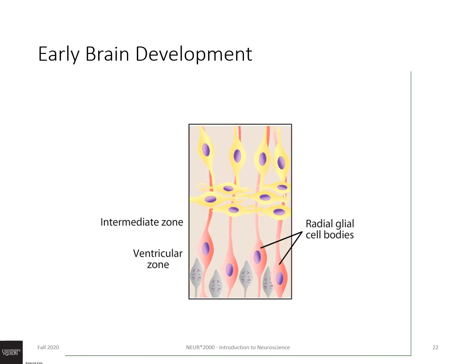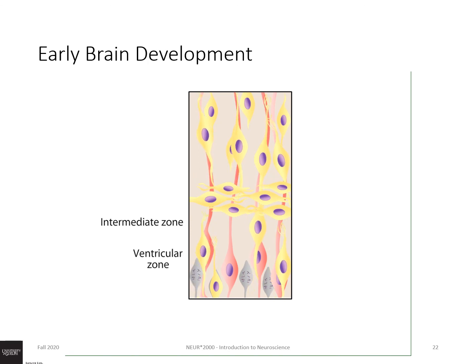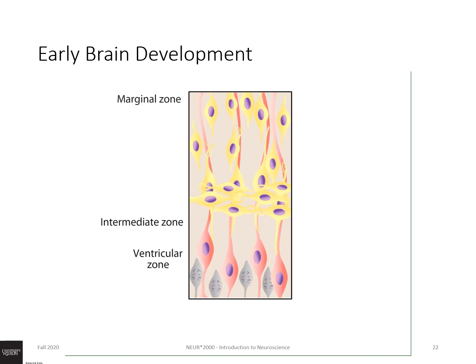The radial glial cells act as guide wires, and the newly formed cells creep along their processes. Once cells reach their appropriate destination, the third stage of neural development begins, differentiation.